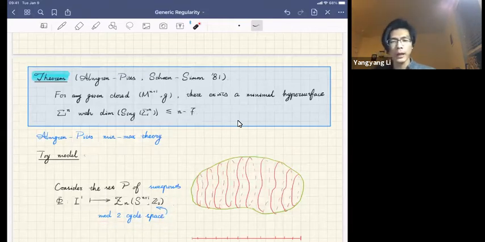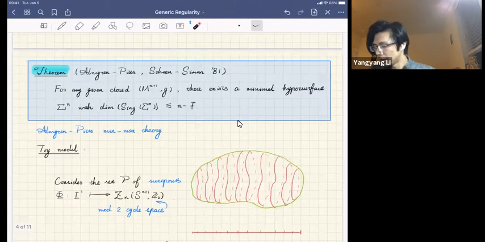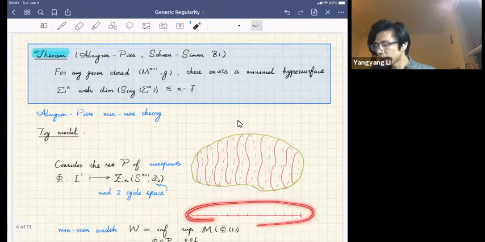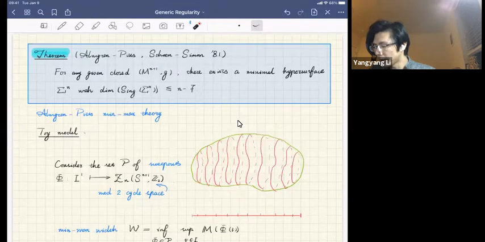You can view them as hypersurfaces inside this Riemannian manifold. So it's depicted in this picture. We have the interval here. Then we can consider the map from this interval to some hypersurface inside this Riemannian manifold.